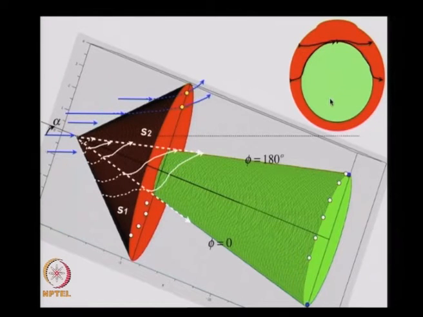I am just drawing a couple here, so you can see that several streamlines will project on, and we can see the projection of that here. Now again, where do these 2 points lie? This blue point actually comes here, and this blue comes at the bottom over here.